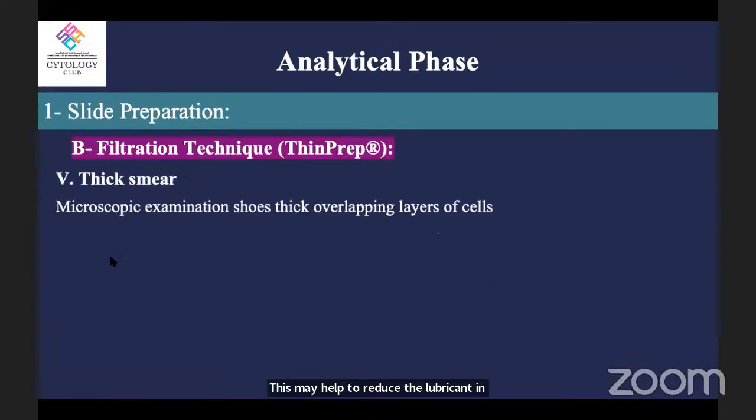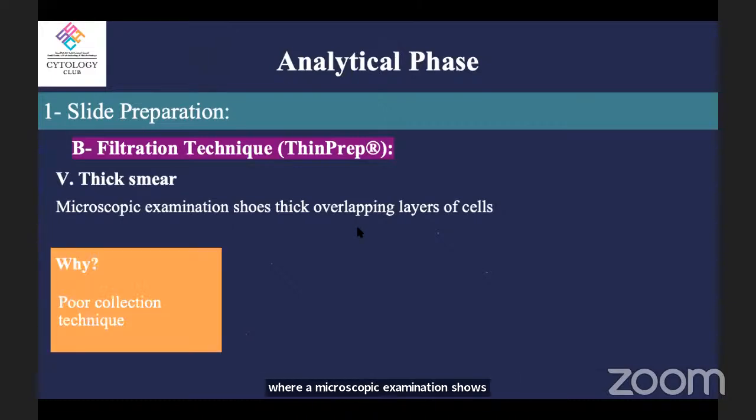Then the fifth issue in the filtration technique is thick smear, where microscopic examination shows thick overlapping layers of cells. Why is it happening? Because of poor collection technique. As we said before, if they are using a broom, it is rotated only 5 times, no more than that.